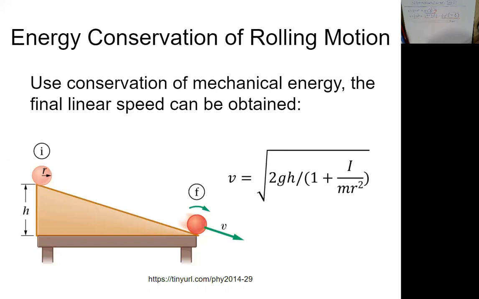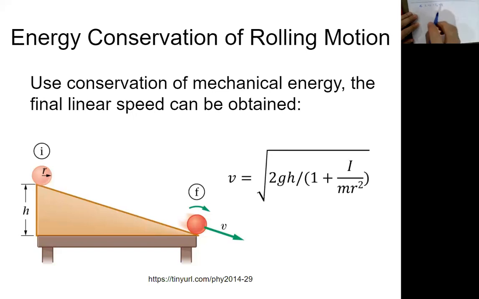So let's see here. If that's the case, then you will write that kinetic energy plus potential energy initial is equal to kinetic energy final plus potential energy final.